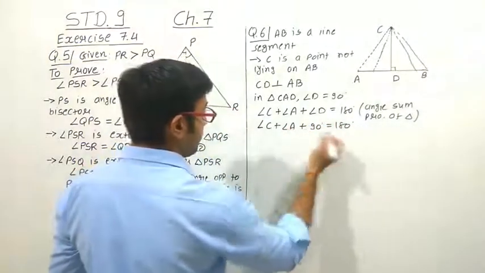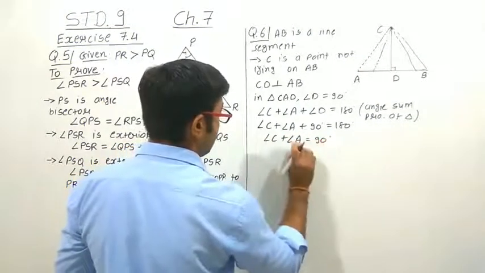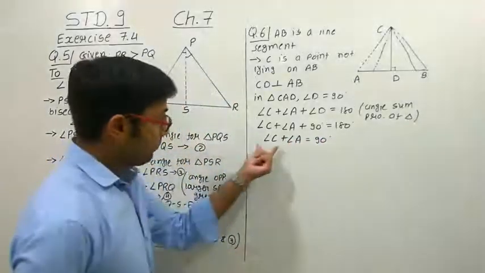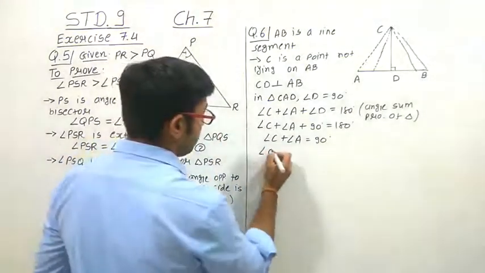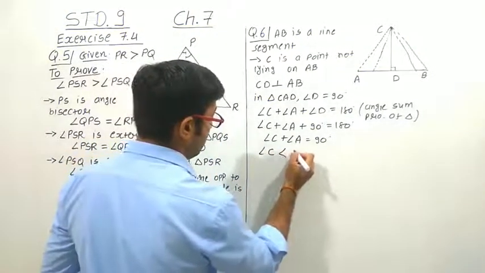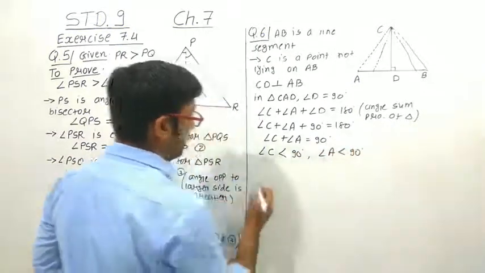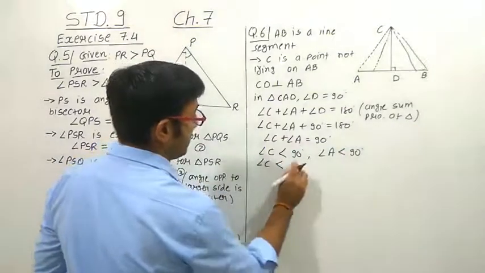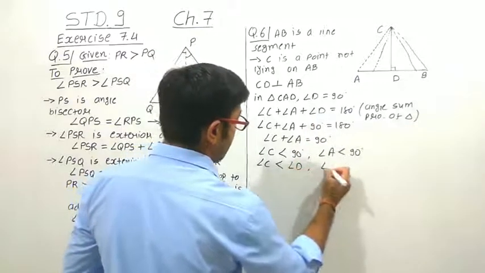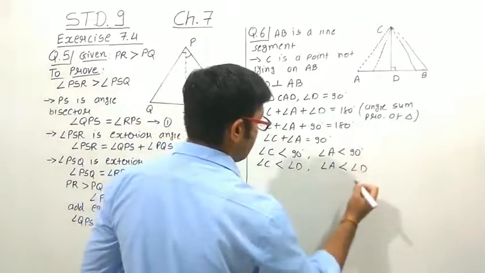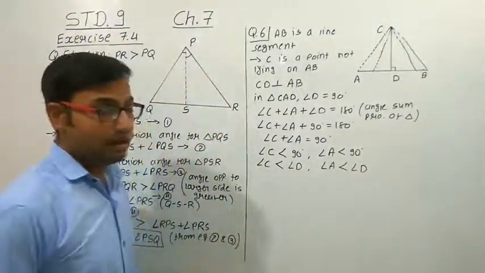Taking 90 to the right hand side, we get angle C plus angle A is equal to 90 degrees. So angle C is less than 90 degrees and angle A is also less than 90 degrees, which means both angle C and angle A are less than angle D.